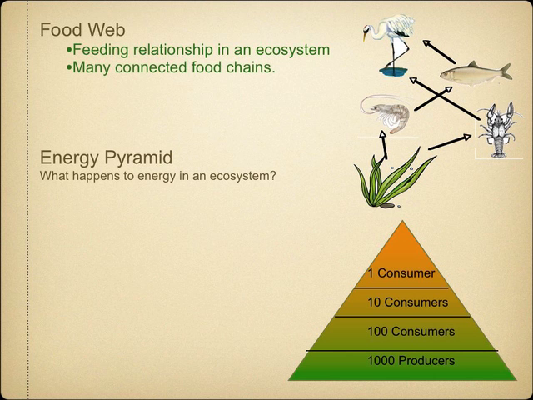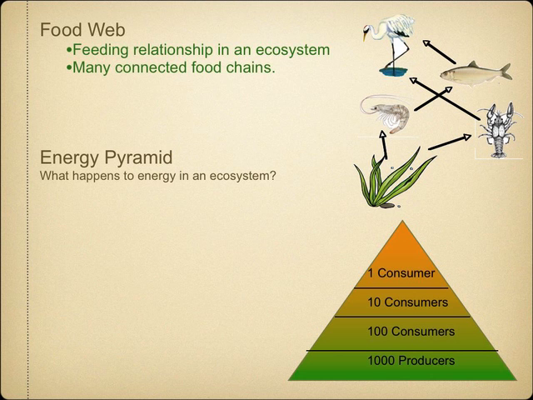Is this a food web or a chain in the top right? Web. I can look at a food web like this and identify several food chains. One food chain might be the plant, to the shrimp, to the fish, to the bird. Another food chain present here might be the plant, to the crayfish, to the bird.